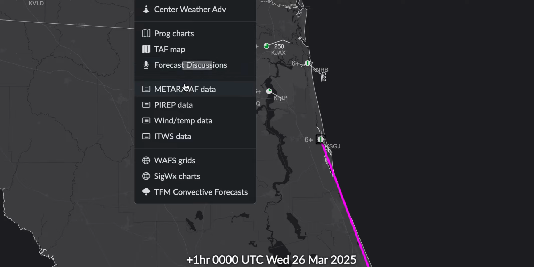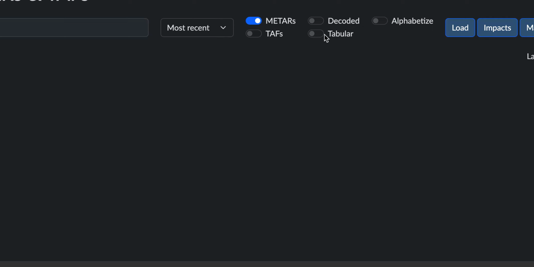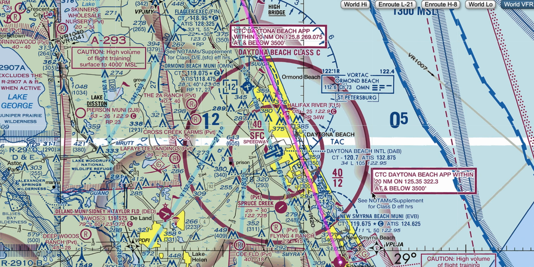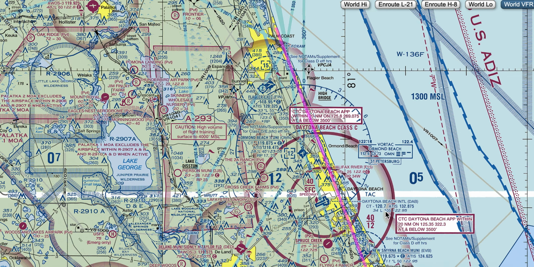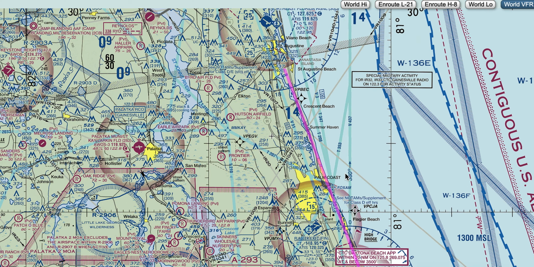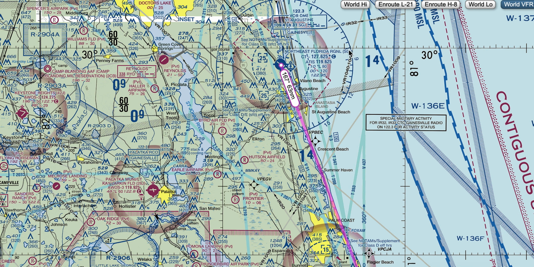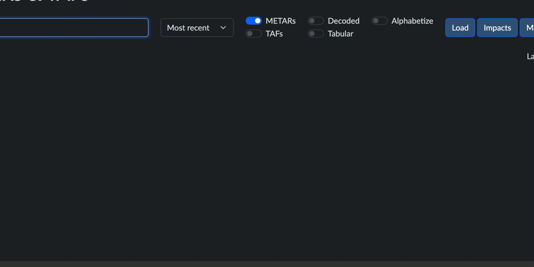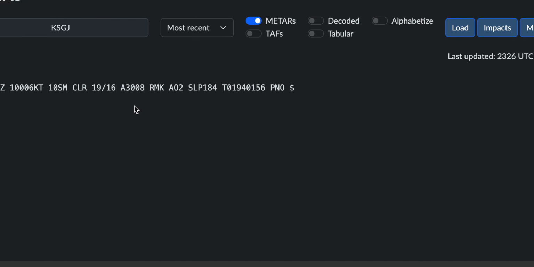Okay. So I have to go to here because it's, let's see. I do not like it when it does this. I don't know why. It just doesn't like my computer for some reason. But we've got KSGJ. Let's see if it pops up with the right one.